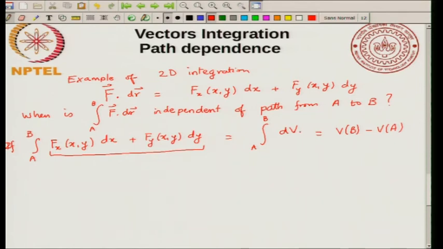So, the condition for path independence is that you should be able to write F_x of (x,y) dx plus F_y of (x,y) dy as dV. V is some field. V depends on x, y, z, or x, y in this case, as we do not have z.